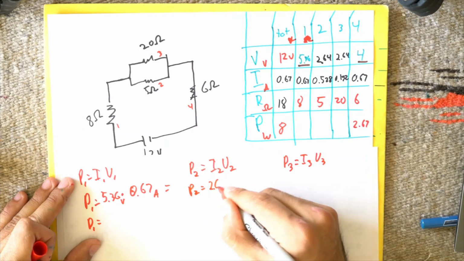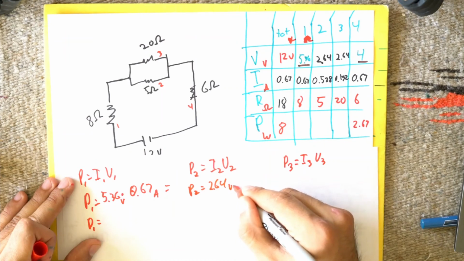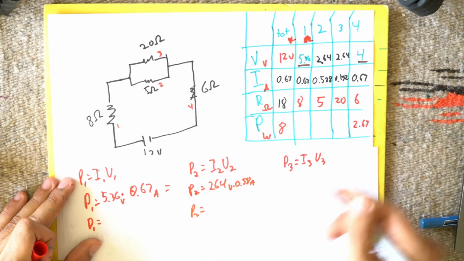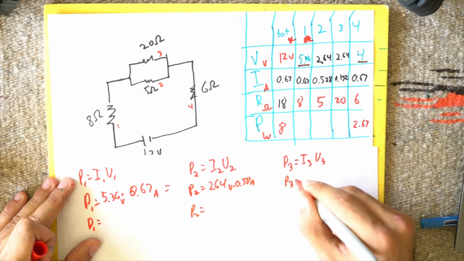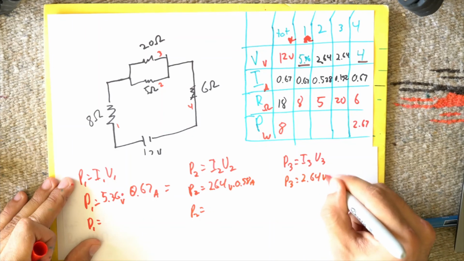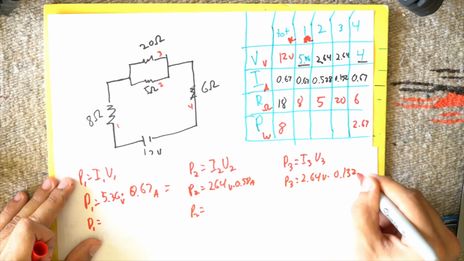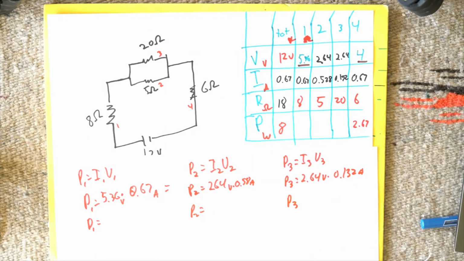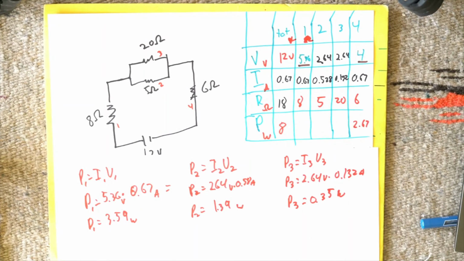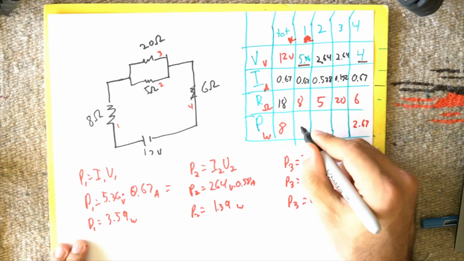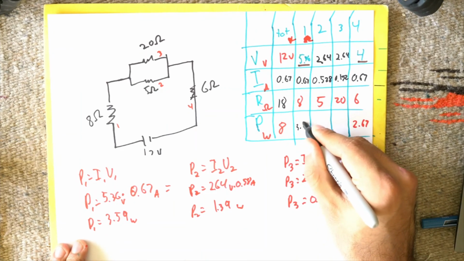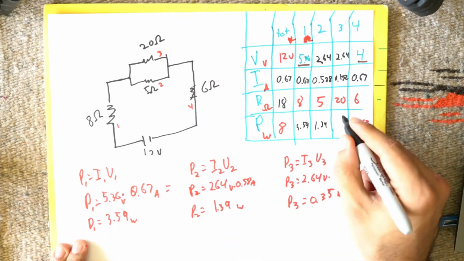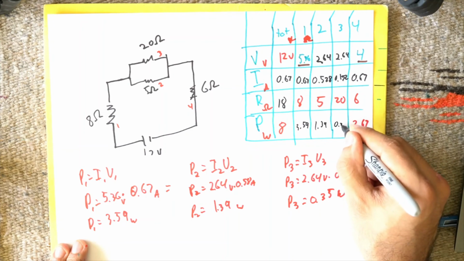P2 equals 2.64 volts times 0.58 amps. And then P3 equals 2.64 volts times 0.132 amps. Give me one second to do the calculations, please. So I did the calculations and they're right here. So P1 is 3.59, P2 is 1.39, and P3 is 0.35 watts.